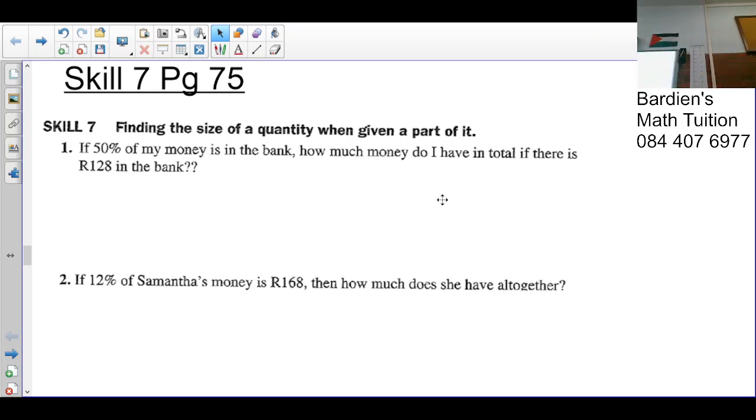So 50%, so half the money is in the bank. How much money do I have in total if there's 128 rand in the bank?